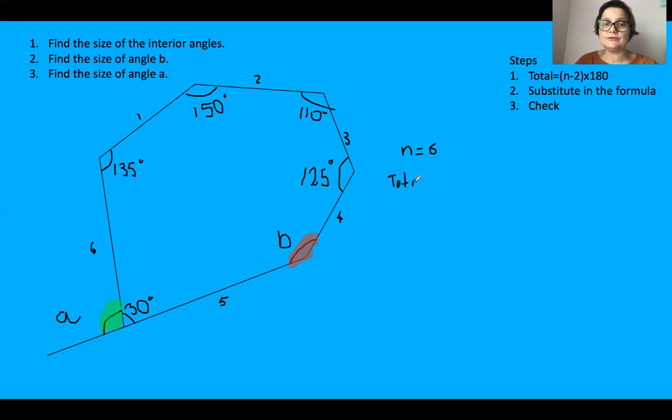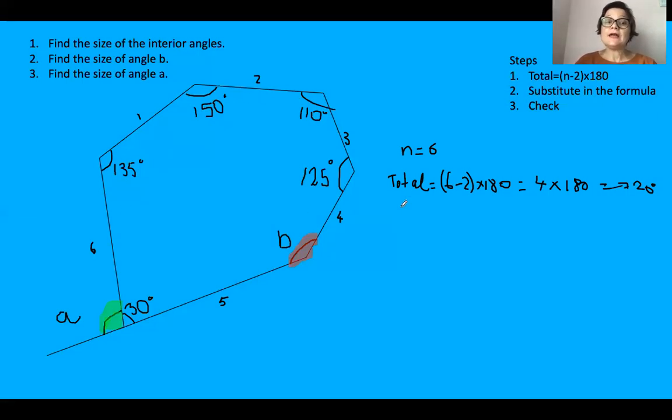Total is going to be 6 take away 2, in brackets, times 180, which equals 4 times 180. The whole answer is going to be 720 degrees, right? And this is the total sum of the interior angles.